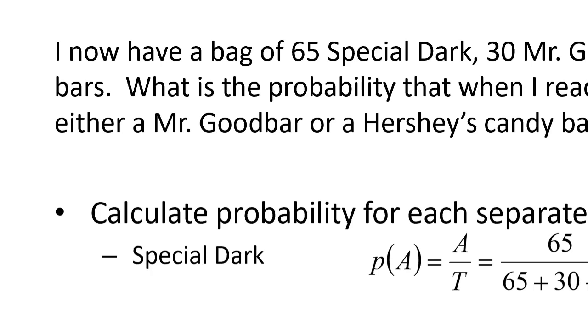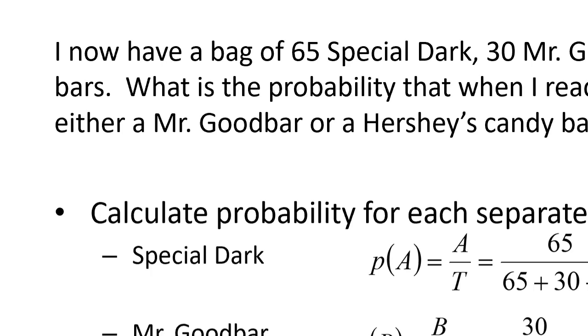So what we would want to do is first calculate the probability of the separate candy bars. So here we have Special Dark is 65% or 0.65 probability if we were choosing at random. Mr. Goodbar is 0.3 probability if we're choosing at random, and Hershey's is 0.05 probability if we're choosing at random.